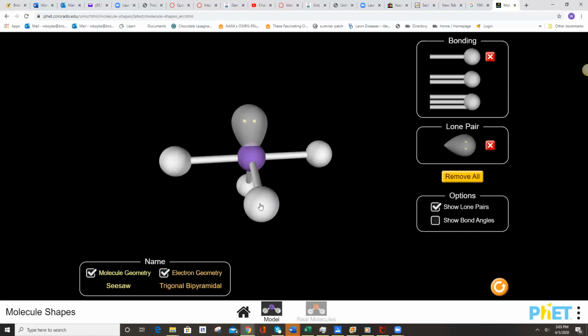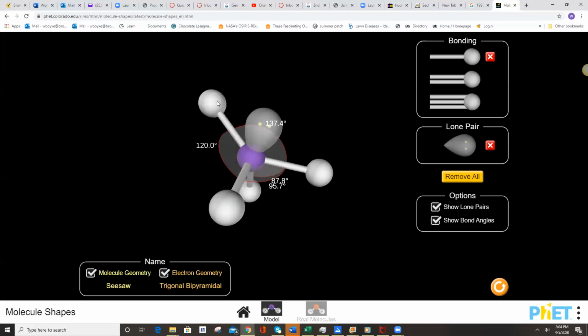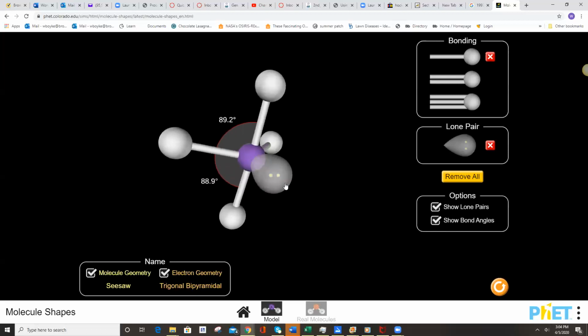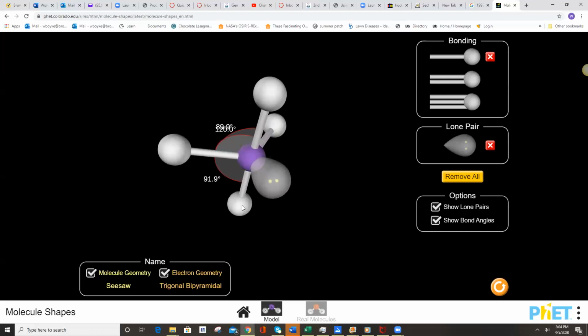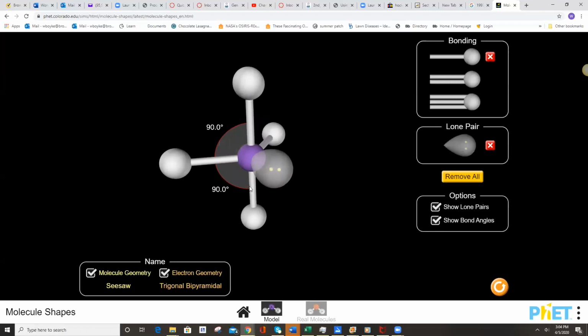If we're looking at the bond angles that we have here, we still have the 90s, the 120, and the 180. I want to go through and show you all of these bond angles. First thing is that we still have those 90-degree bond angles. If I rotate the molecule, you can see between axial and equatorial, I still have some 90-degree bond angles.